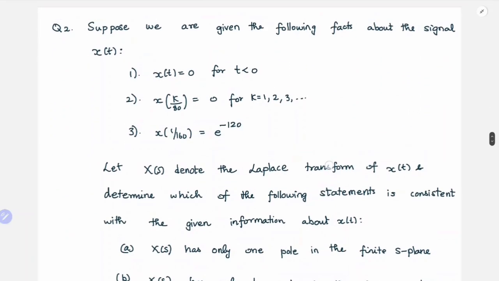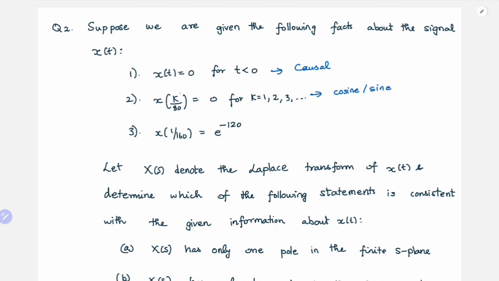Suppose we are given the following facts about the signal x of t. Okay, we have x of t equal to 0 for t less than 0. So this means it is causal. And x of k by 80 is equal to 0 for k equal to 1, 2, 3. So it is something like cosine or sine form, right?